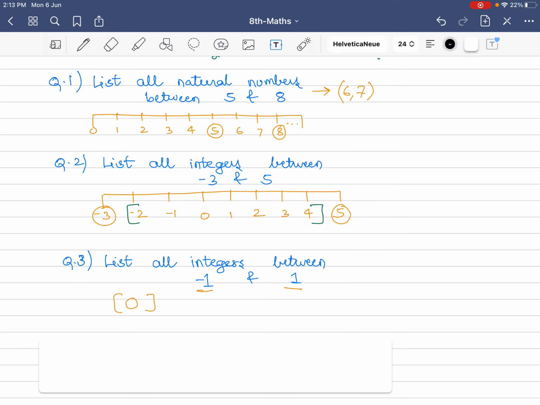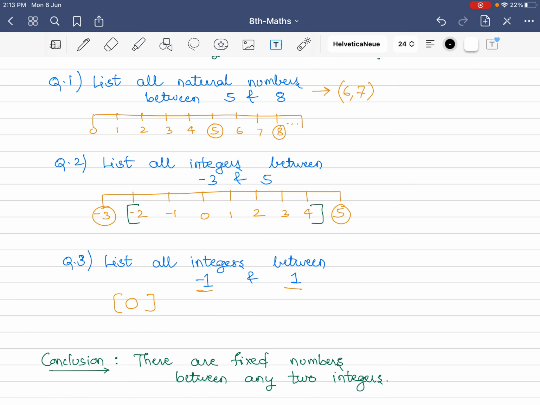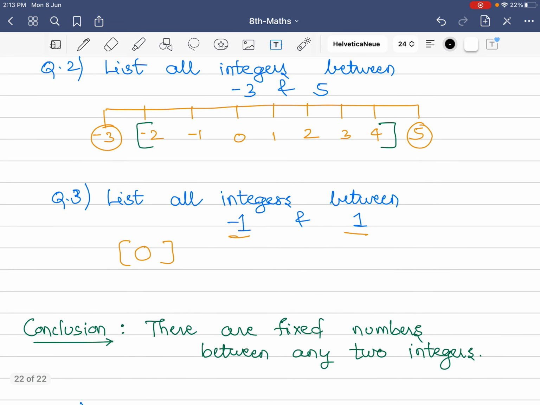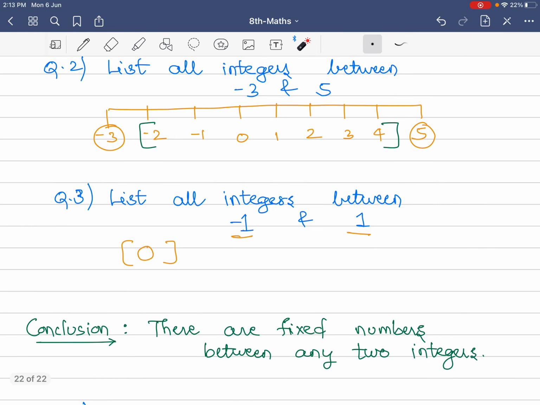So that observation we have noted down here: there are fixed numbers between any two integers. Between any two integers, there will always be a fixed number.